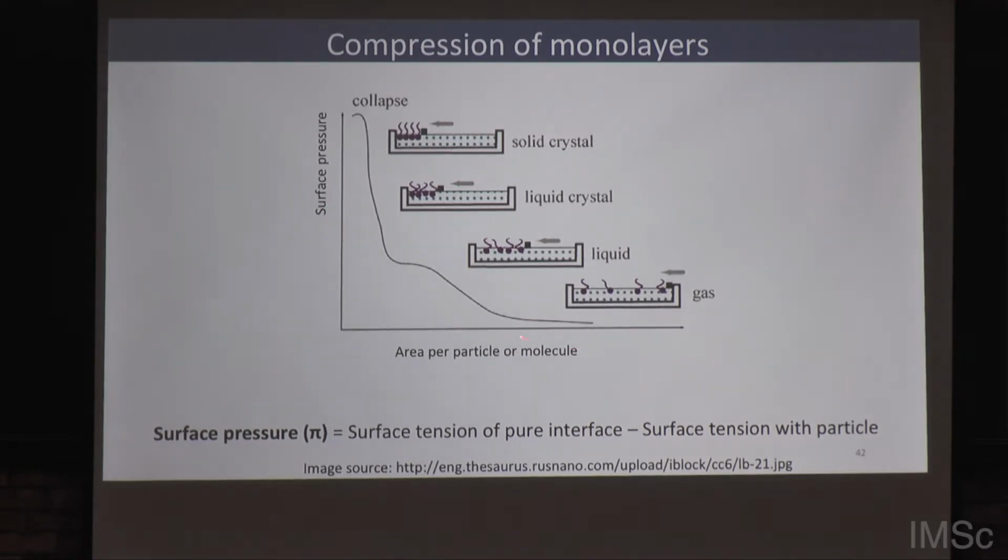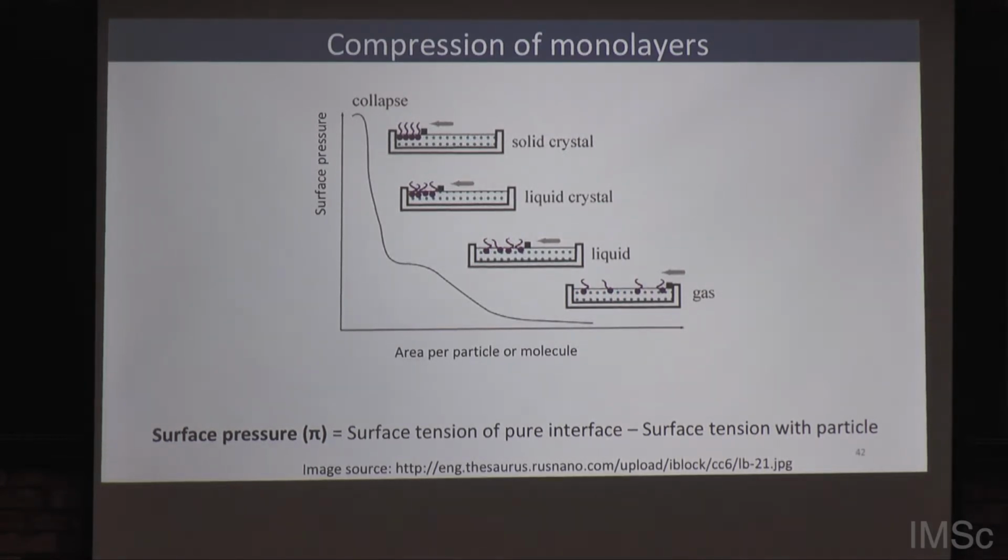I just want to make a point that when people look at surface pressure area isotherms, you see some variation of how the surface pressure changes as a function of compression. That is associated with the different phase transitions. Initially, when you have very few molecules, you can think about a gas like state.